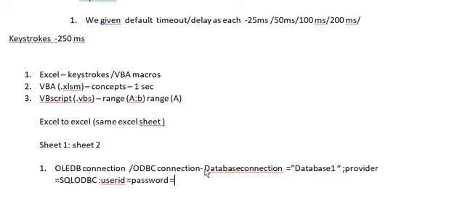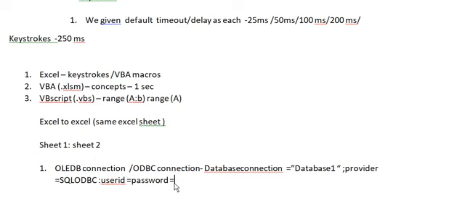These are the details you have to give when you pass the connection string from your automation tool to your SQL database. If you are passing SQL, then you have to use ODBC.